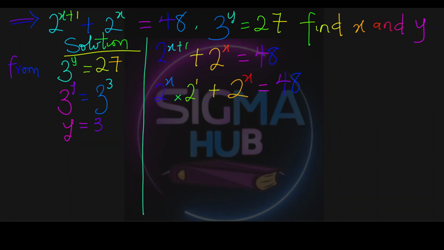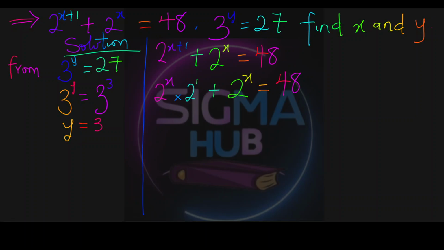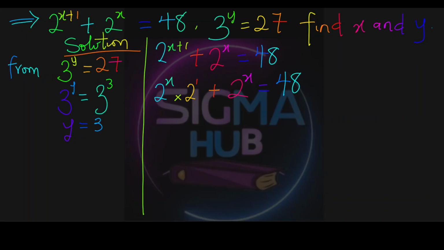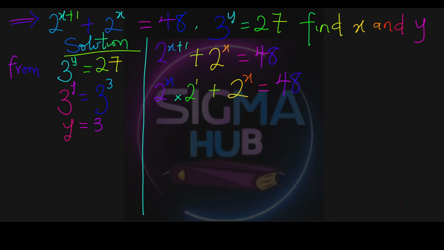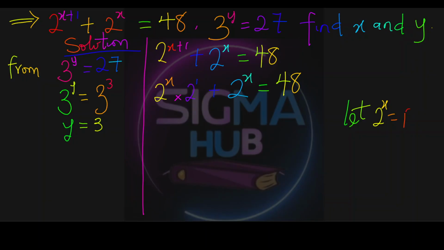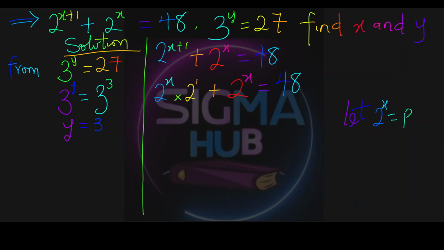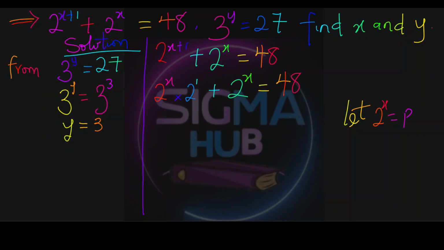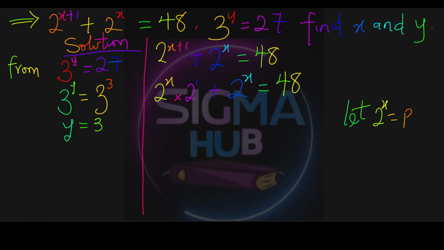Based on what we have here, you can see that 2 raised to the power of x is common. So we are going to be factorizing. Please take note, I can say let 2 raised to the power of x be p. So when we make 2 raised to the power of x be p, you can see that we'll be having p times 2, then plus p. Then we factorize.